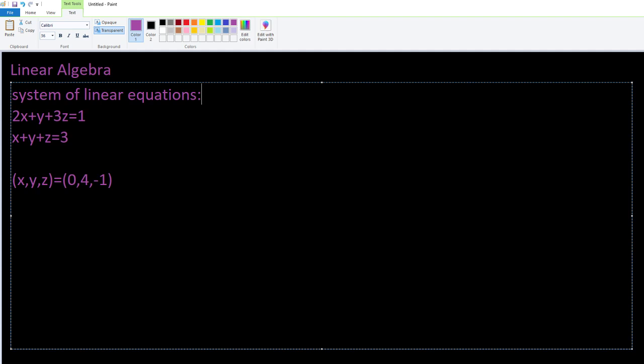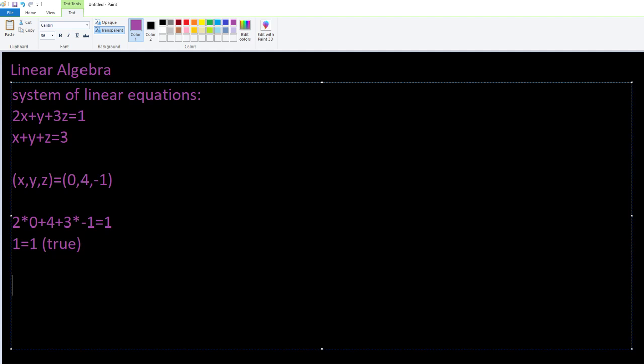Our solution has to satisfy every equation in the system. So let's test it out. We know from before that 2 times 0 plus 4 plus 3 times -1 equals 1, and this works out to 1 equals 1, so true.